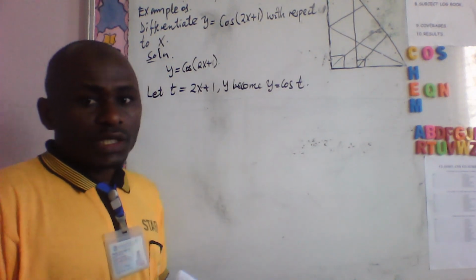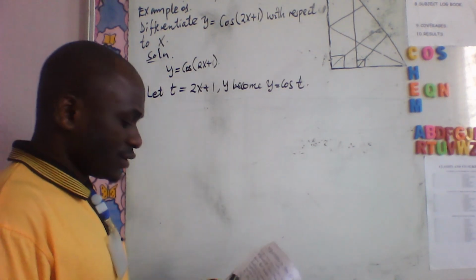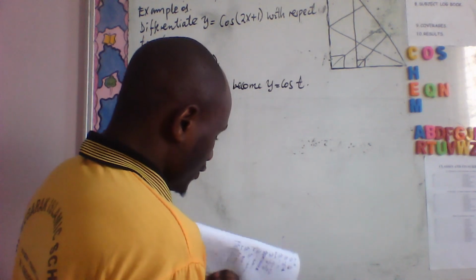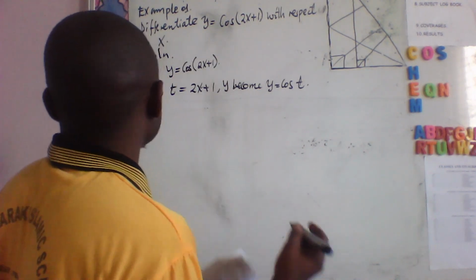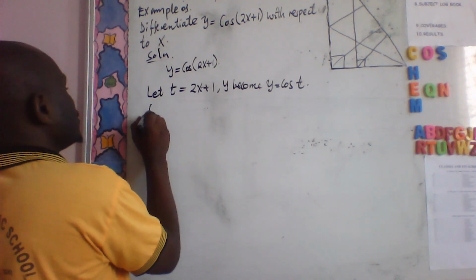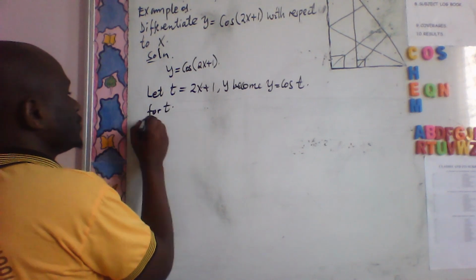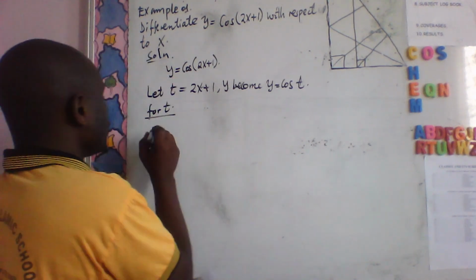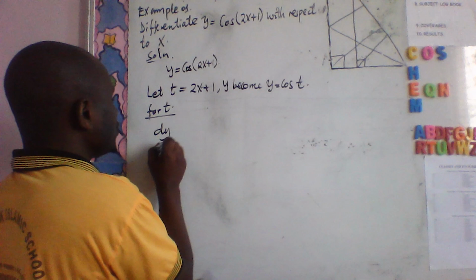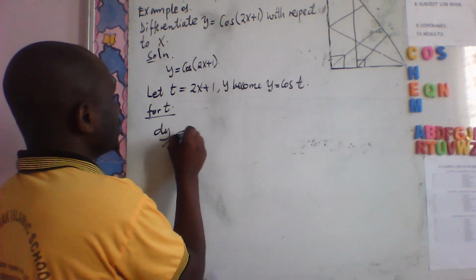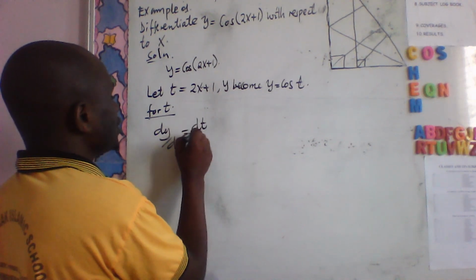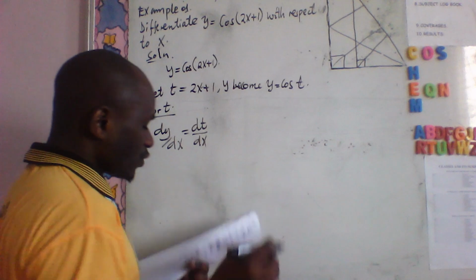After that, let us differentiate to see how it is. As normal, we differentiate dt over dx, which is what we are finding.